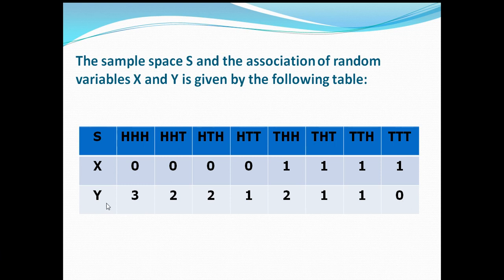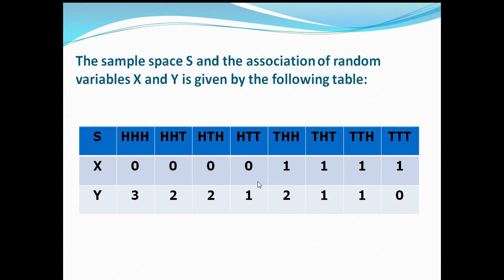Here y represents the number of heads and x, as given in the question, takes the value 0 for H and 1 for T on the first toss when a coin is tossed thrice. So this is the sample space which is associated with the random variables x and y.